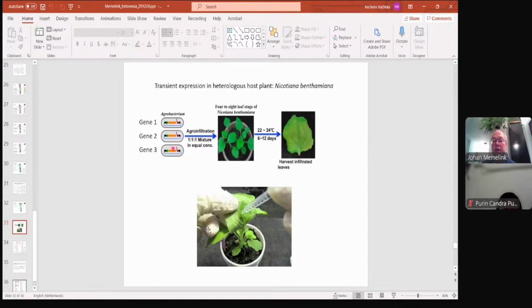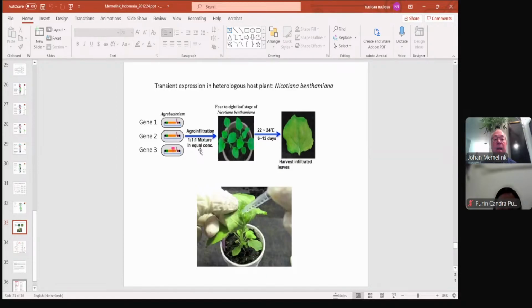So this is the way it looks. So the syringe contains the mixture of the Agrobacterium strains, and the syringe is pressed against the leaf, and then the Agrobacterium cultures are infiltrated into the leaf spaces. And in these leaf spaces, the Agrobacterium strains introduce the genes to the plant cells, and these genes are then expressed there in these plant cells.